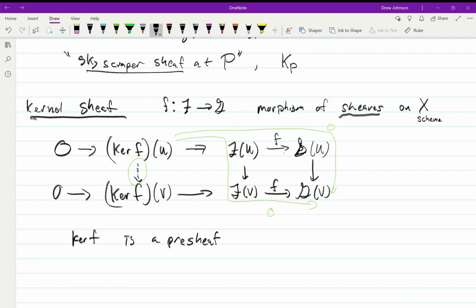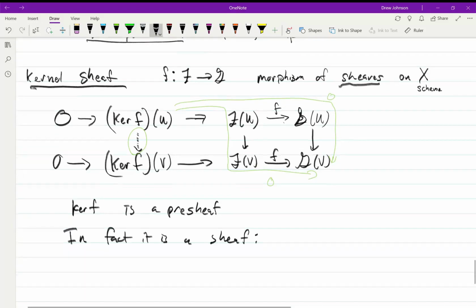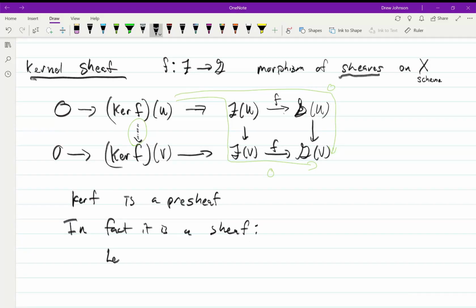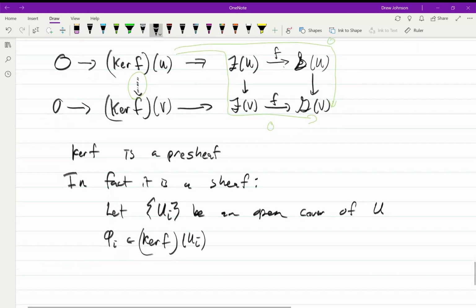But we'd really like to see that it's actually a sheaf. So in fact, it is a sheaf. How do we see that? Let U_i be an open cover of U, and let phi_i be in the kernel of f on U_i.